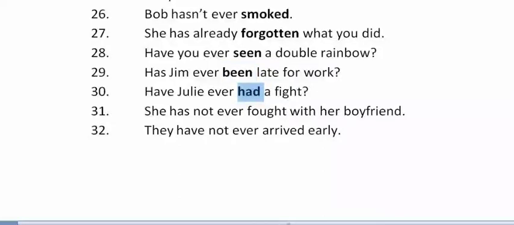Has Julie ever had a fight? So you see, sentence structure is different, but you should be able to figure out the action. Fought. You must have thought of fight as a verb, but you see the difference. Fight is V1, fought is V3.